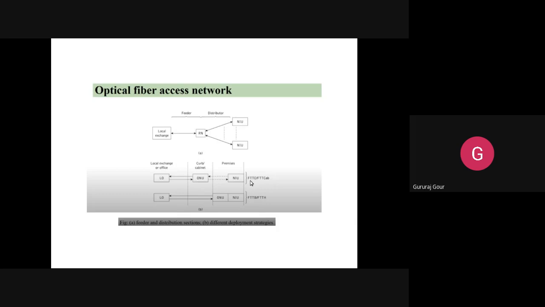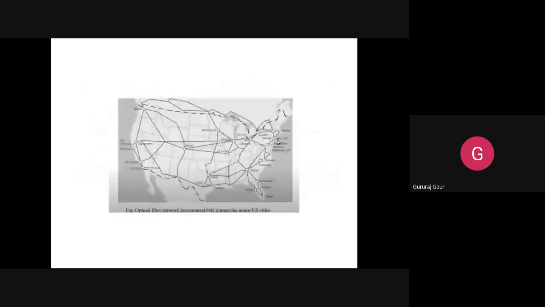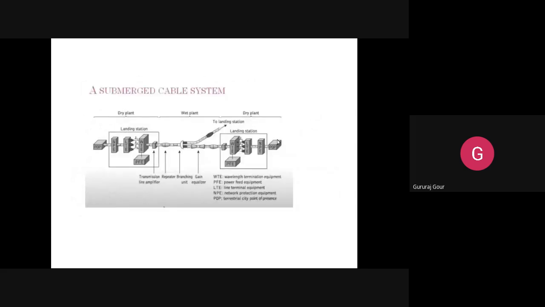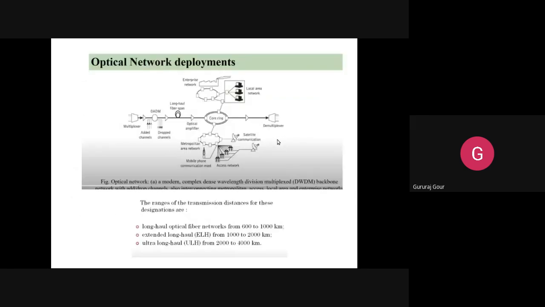It could be fiber to the curb, fiber to the building, or fiber to the home connection. Normally these are the three types of networks which have been briefly discussed here under optical network deployments.